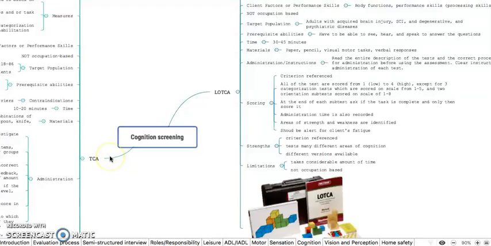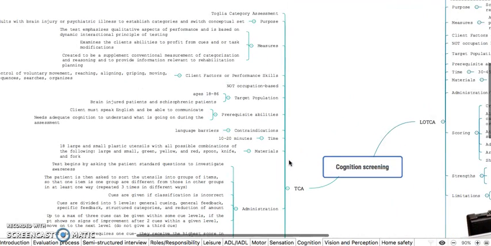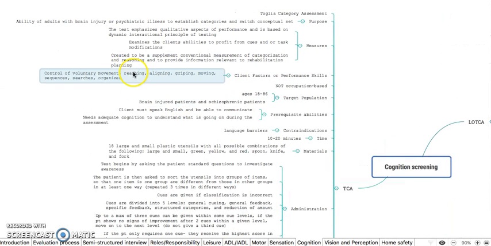And then the TCA, which stands for Toglia Category Assessment, emphasizes qualitative aspects of performance and is based on a dynamic interactional principle of testing, examines the client's abilities to profit from cues and/or task modifications, and it was created to be a supplement to conventional measurement of categorization and reasoning to provide information relevant to rehabilitation.